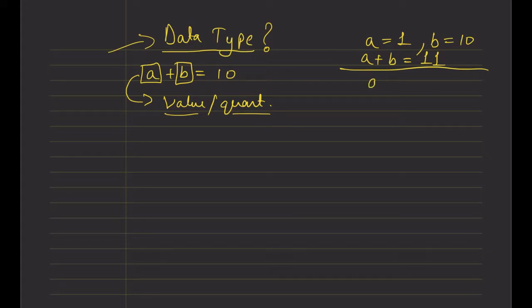Let's take a and store the value 1 in it, and let's take another variable b and store the letter a in it. And then if I tell you to add both of these variables, what should be the result? That makes no sense, right? It seems like it is impossible, so it can raise some errors. In order to prevent such errors, you need to have knowledge of data types.